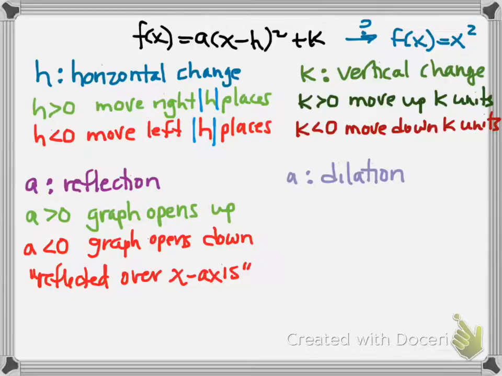So with A, if the absolute value of A is greater than 1, what that allows me to say is that A is less than -1 or A is greater than 1. So we want numbers that are more than a physical 1.